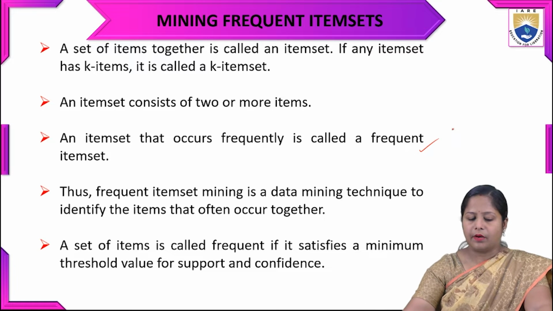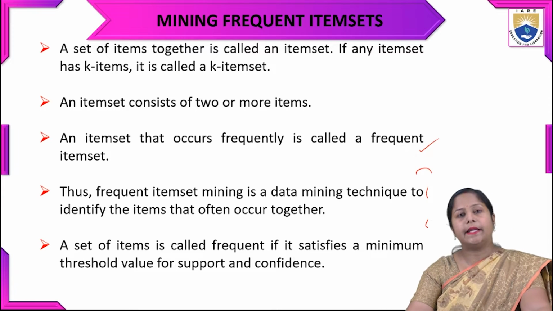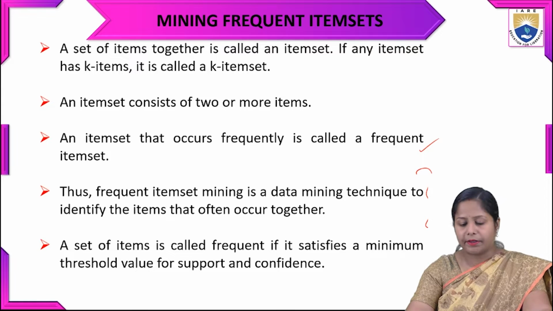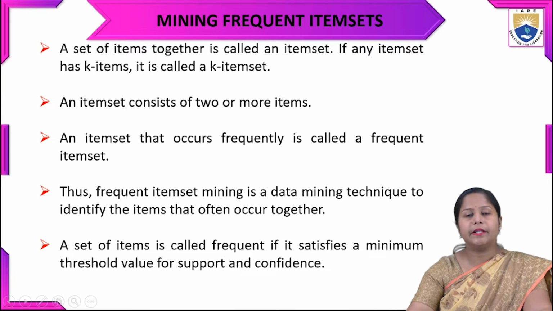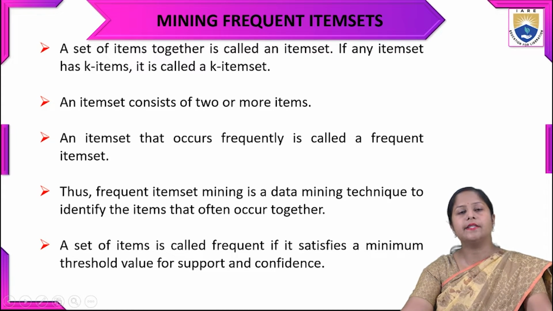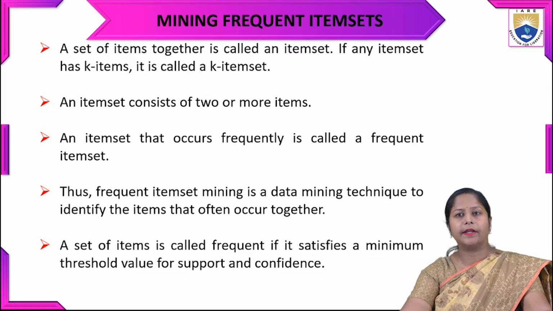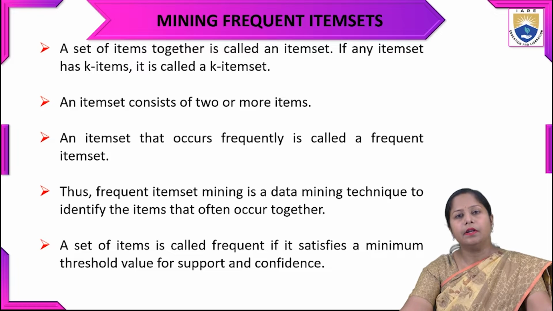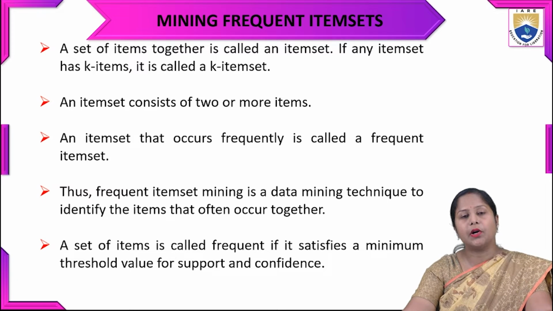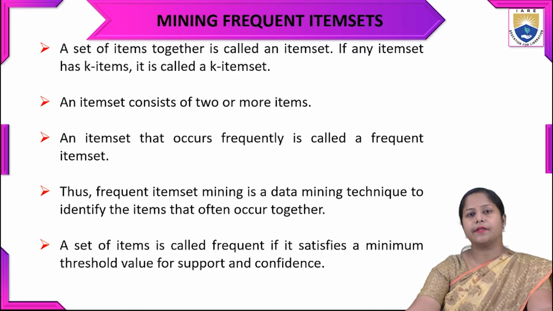Now, frequent item set mining is a data mining technique, a method that is going to identify the items that occur again and again together. So that is a technique that identifies the most frequently occurring item sets.